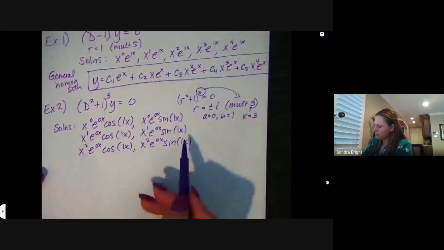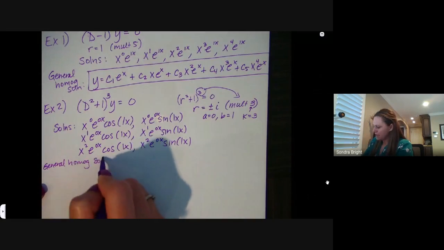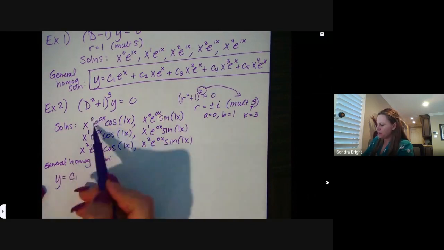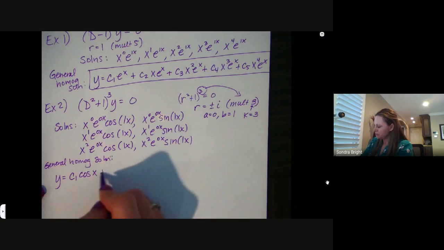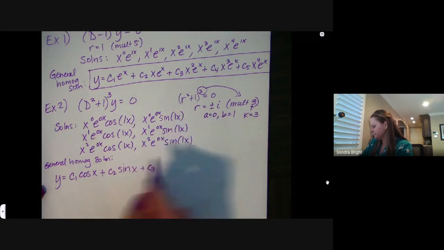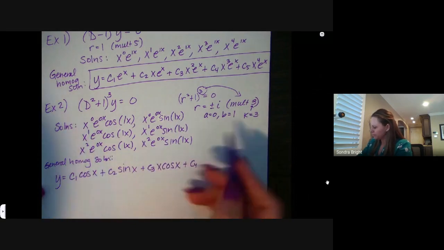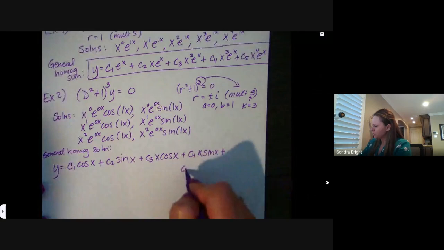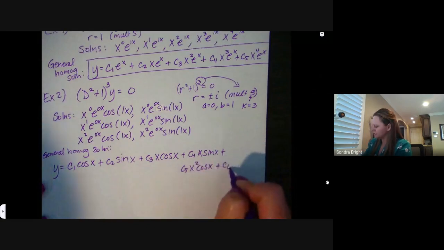So your general homogeneous solution would be y equals C1, x to the 0 is 1, e to the 0 is 1, so it's just C1 times cosine of x plus C2 times this guy, which turns out to just be sine of x, plus C3 x times cosine of x, plus C4 x times sine of x, plus, and I'm going to run out of room, I'll come down here, C5 x squared cosine of x plus C6 x squared sine of x.